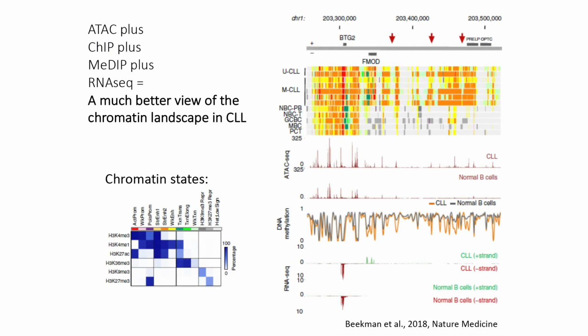So lastly, I'm going to show another study on CLL where this group focused on chromatin states as defined by many different histone modifications. So to refresh, each one of these histone modifications has some different function.